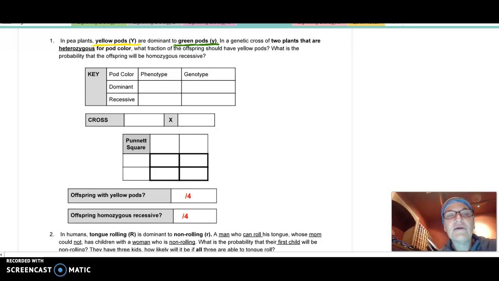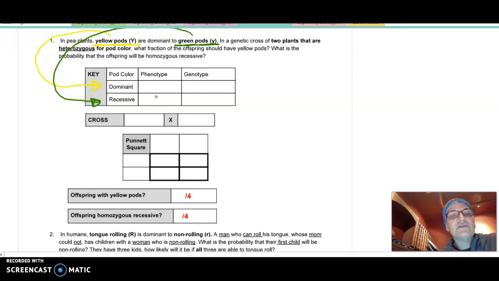So the first thing I would encourage you to do is go ahead and transfer what is the dominant phenotype and what would its genotypes be, and then what is the recessive phenotype, that's what you physically see, so it's going to be yellow or green.